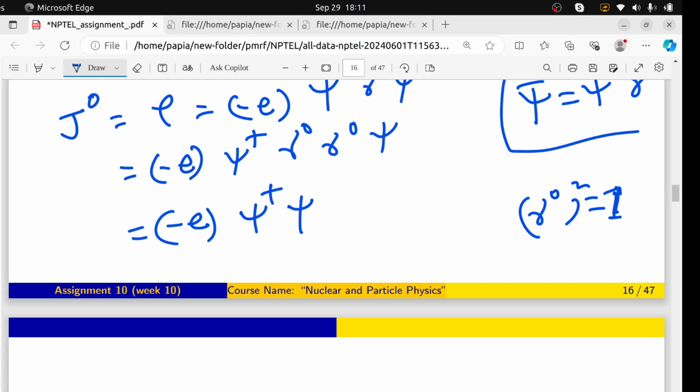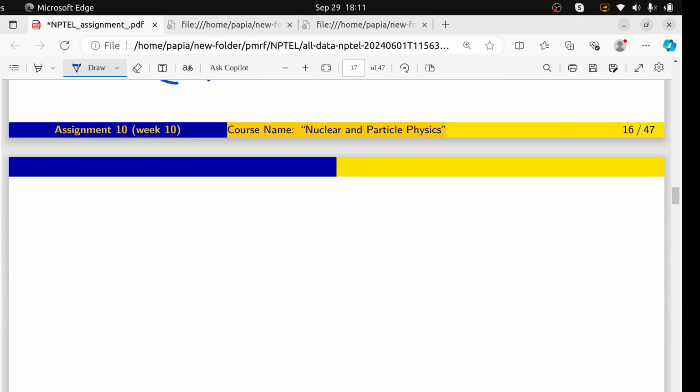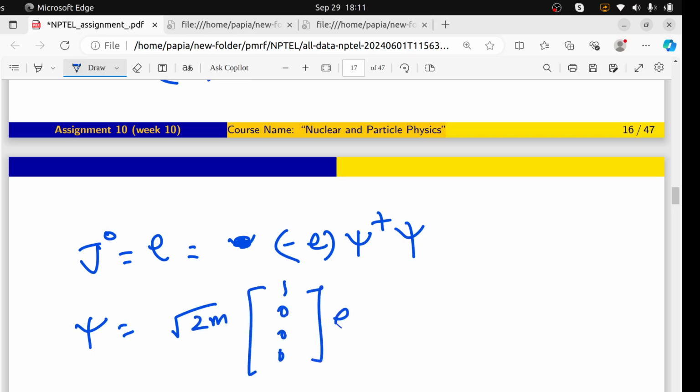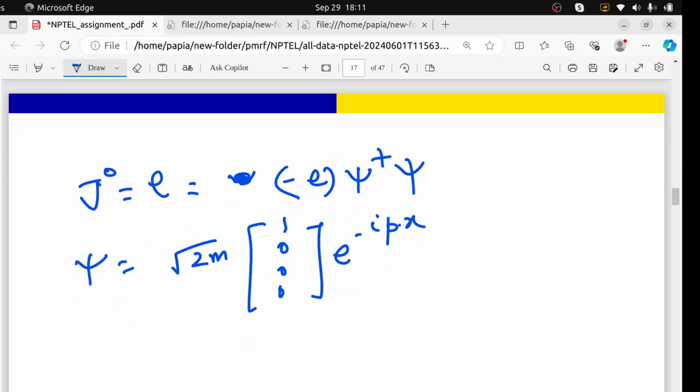So it will be simply minus E psi dagger psi. For J0 we are only calculating rho right now. It is coming as minus E psi dagger psi. Now what is psi? Psi is root 2m times the column vector (1, 0, 0, 0) e to the power minus i p dot x. Similarly, psi dagger is psi star transpose.